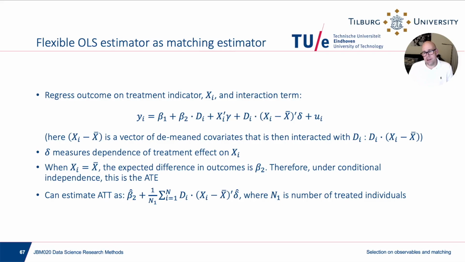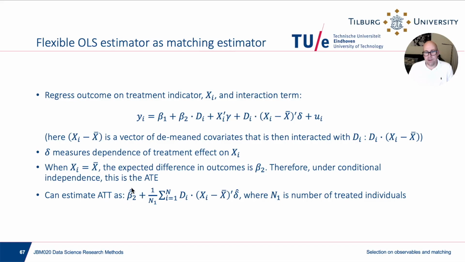If you then say, yeah, that's nice, but actually I'm interested in the average treatment effect on the treated, then what you can do is you can go back to this equation here, and you can say, okay, good. For the treated, what I have is that the effect is going to be beta 2 plus basically the difference between the average x for the treated and the average x in the population times delta. And this is exactly the case that you have to use this in order to calculate the average treatment effect on the treated.